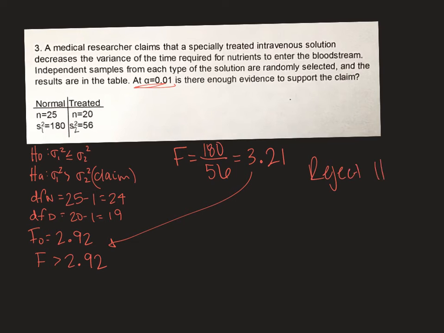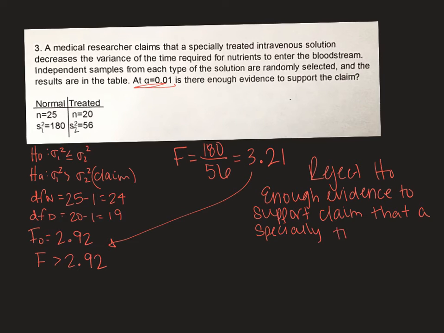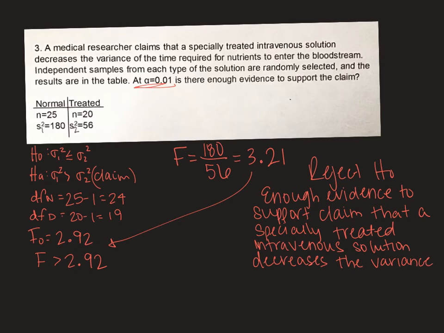So we can reject H0, which means we have enough evidence to support our claim that a specially treated intravenous solution decreases the variance of time required for nutrients to enter the bloodstream.